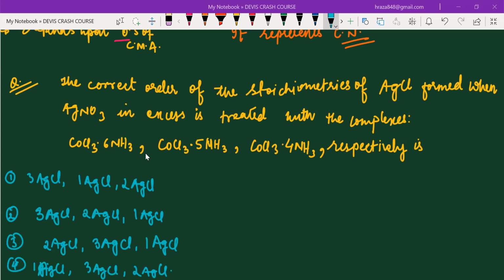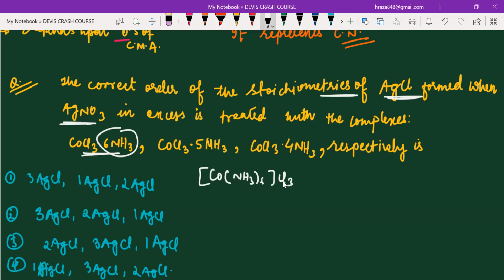Okay, it's very easy. See, the correct order of stoichiometry of AgCl. If AgNO3 is going to react with CoCl3·6NH3, can I write this as [Co(NH3)6]Cl3? As you know, cobalt can make 6 bonds, not more than this.